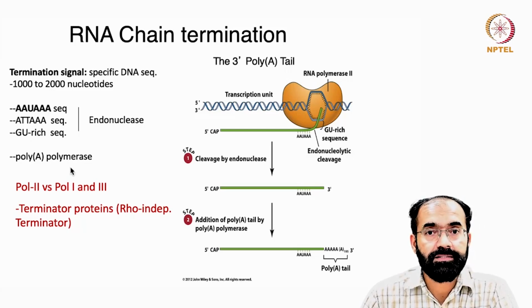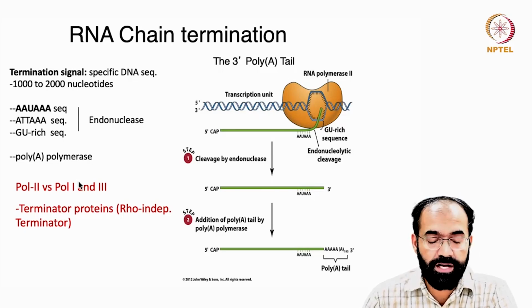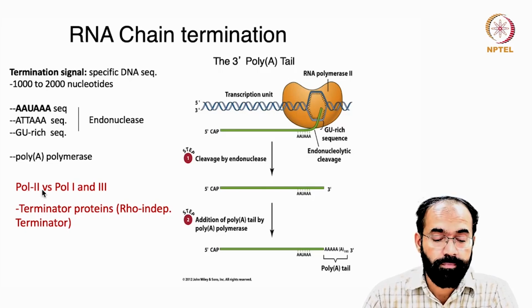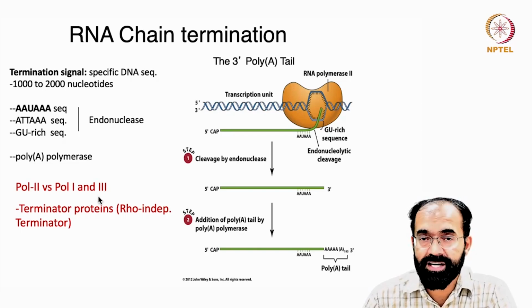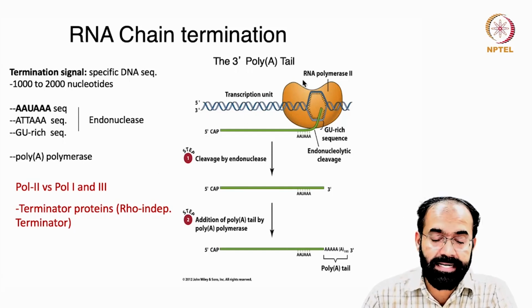And poly-A polymerase is the next enzyme that comes handy for the 3' end elongation. So pol 2, pol 1 and pol 3, all of them have to have a proper termination event, without which the transcription will continue. Let us see in detail.